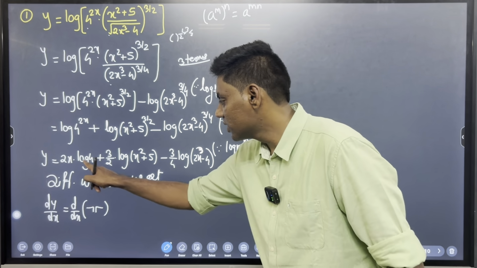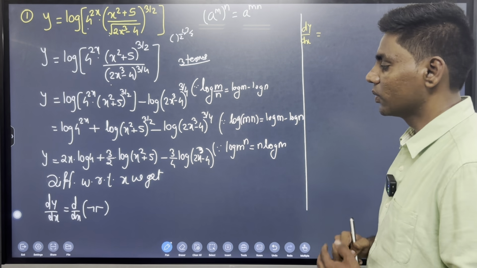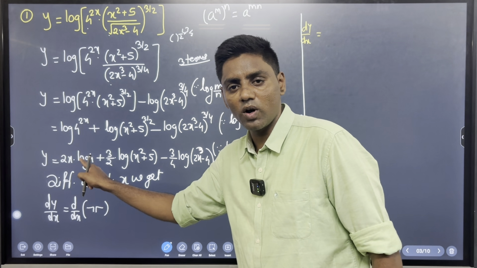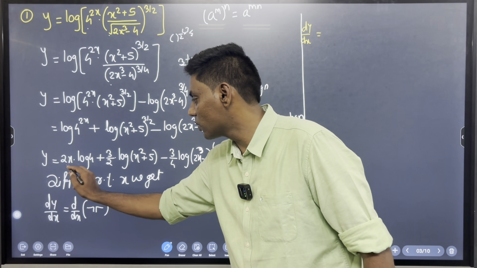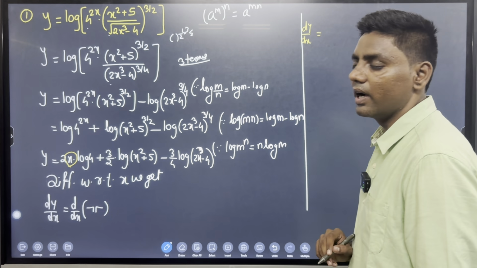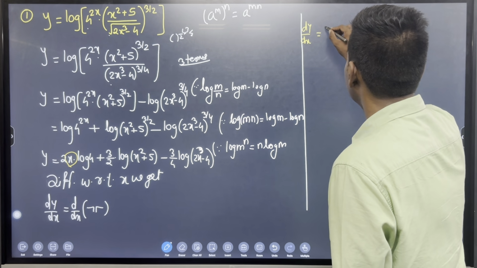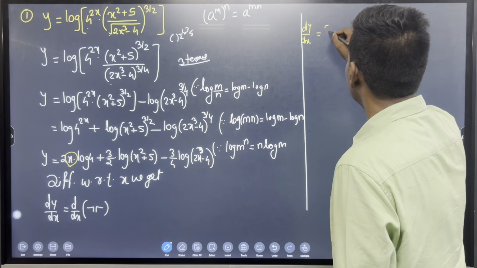So whenever we take the derivative, dy by dx equals, now here log 4 is a constant, and the derivative of x, the only single function, is 1, therefore we get 2 into log of 4.